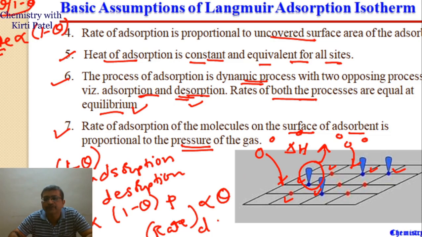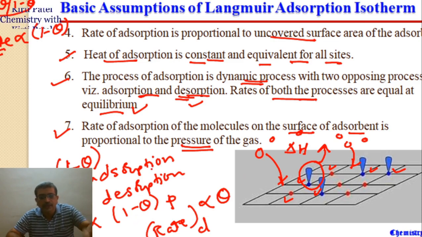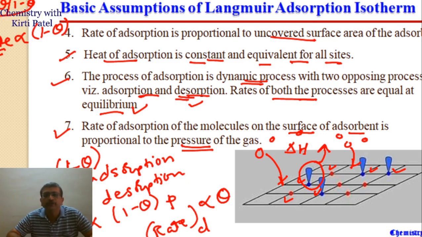So the rate of desorption will be proportional to theta, while the rate of adsorption will be proportional to 1 minus theta and P. Take these things into consideration. I hope you have understood all these things very easily. Now we will see about the further things in a little while.